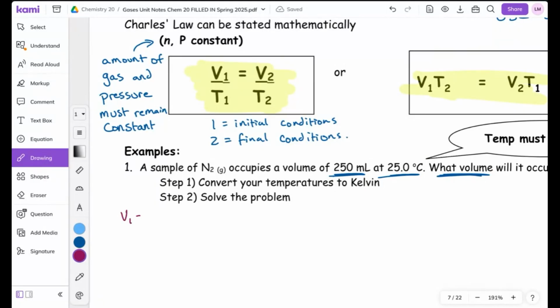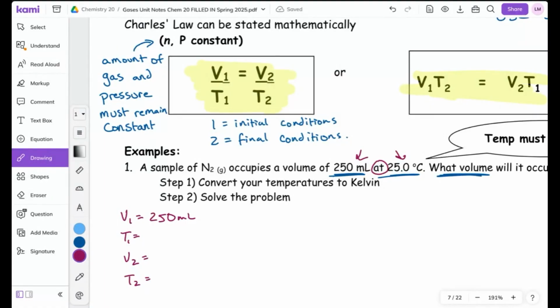Okay, so I'm going to write my list of givens, and I'll worry about converting in a second. Our initial volume was 250 milliliters, and it's at 25 degrees Celsius. So I know these two numbers are connected.